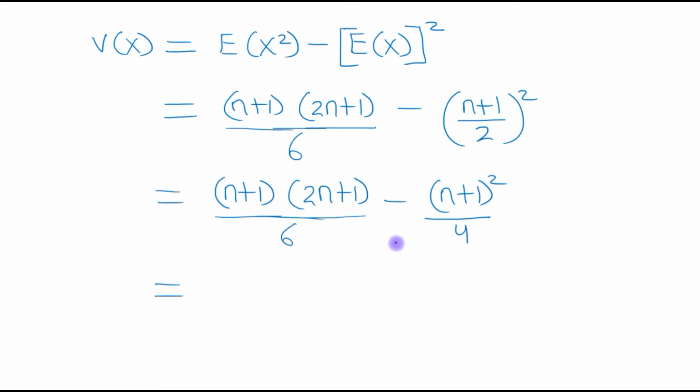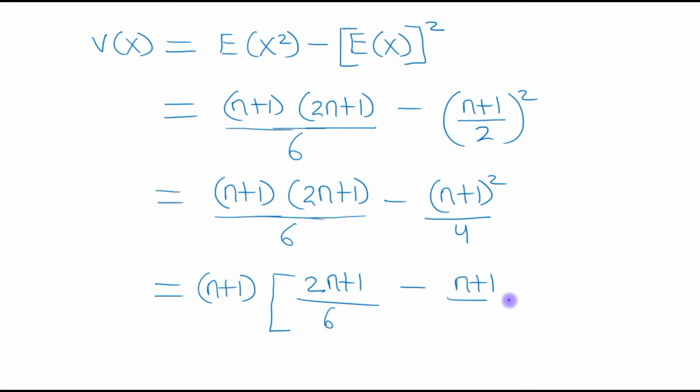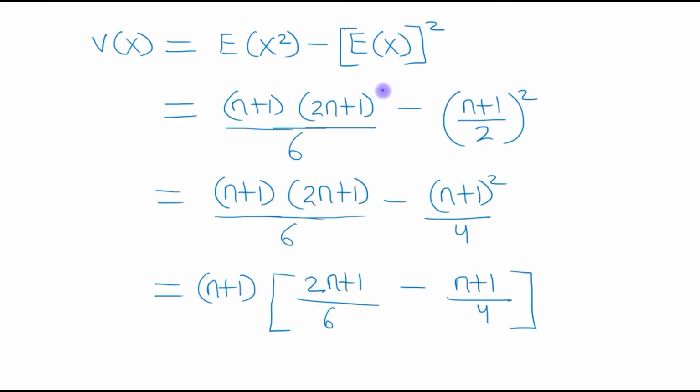Next step, we can take n plus 1 common. Terms left in the bracket will be 2n plus 1 upon 6 minus n plus 1 upon 4. Next step, n plus 1, and in the bracket we can take LCM as 12.